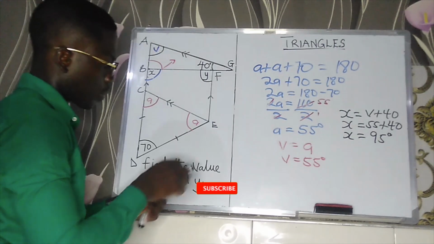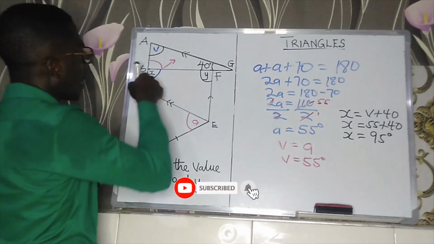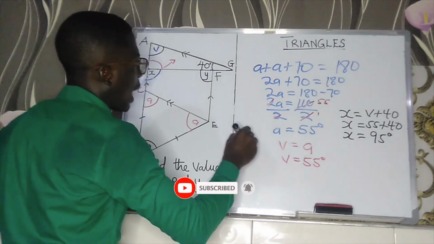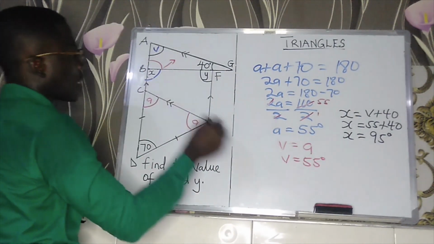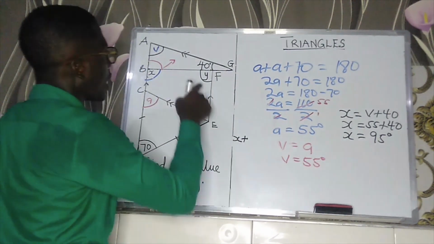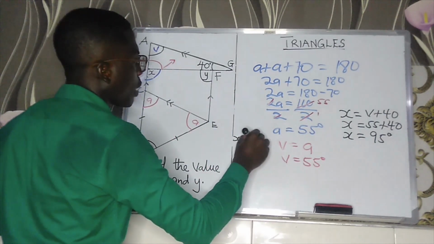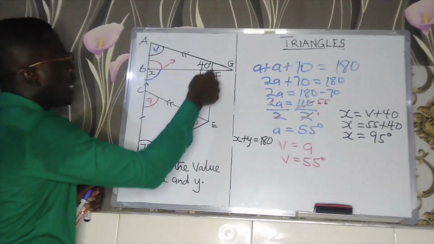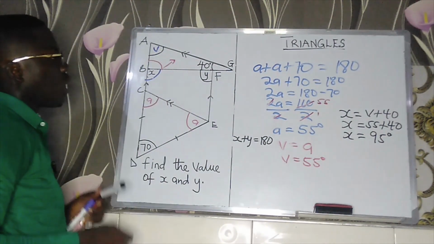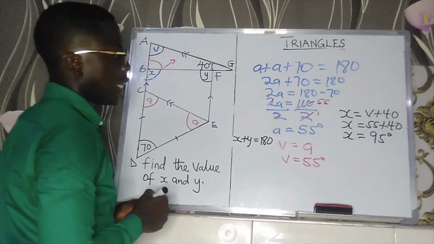And so x here plus y should give us 180. Why? Because co-interior angles add up to 180.